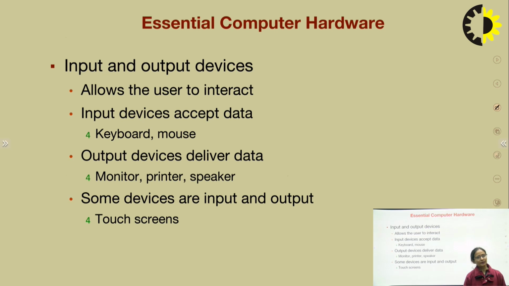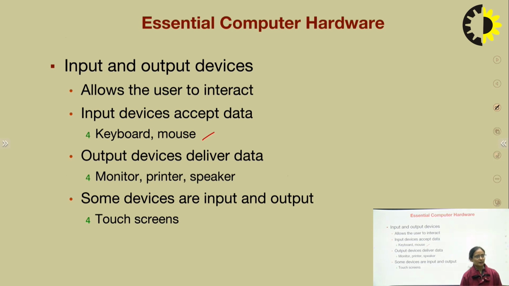Input and output devices allow the user to interact. That is how the user interacts with the system, basically through the input and output devices. Input devices accept the data. For example, keyboard, mouse, and camera, your webcam, all come under the category of input devices.